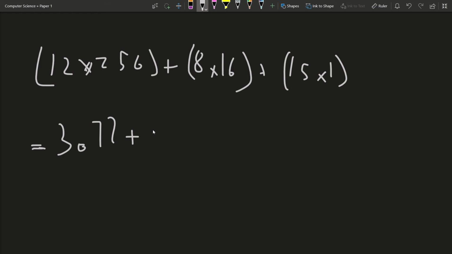Let me double check. It is 128, and then plus 15. So altogether, when you add this, it will be 3,215.